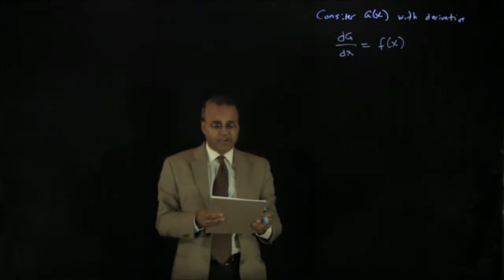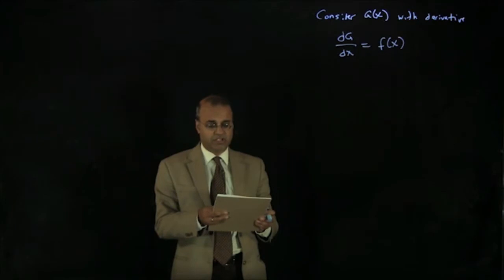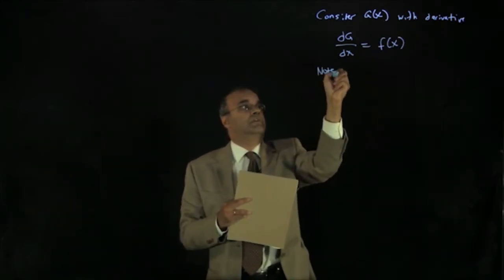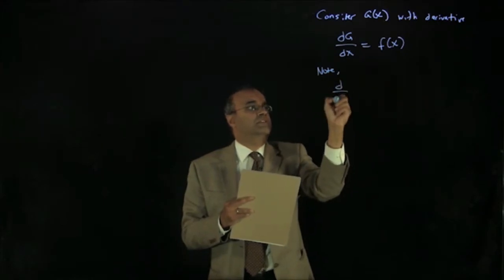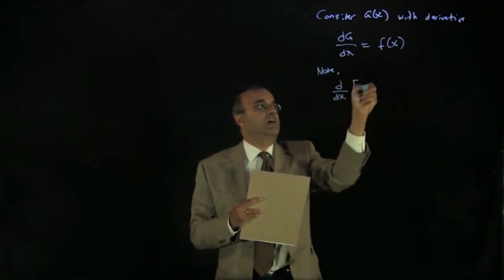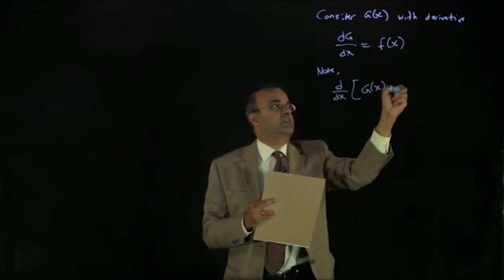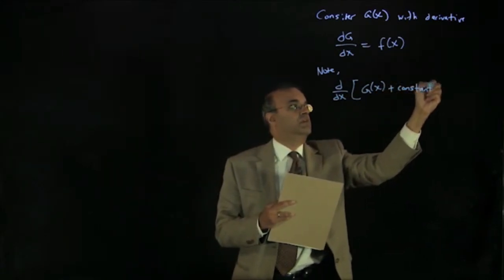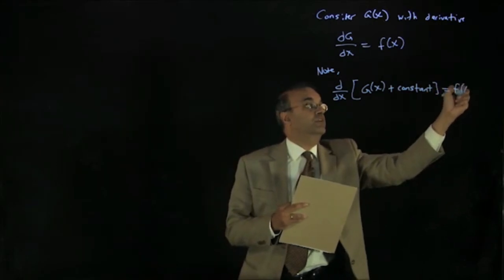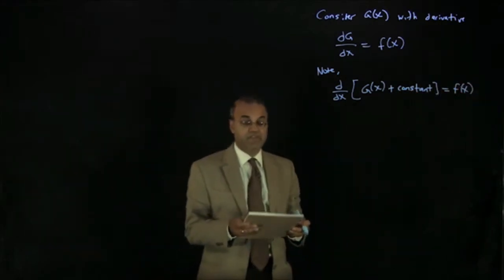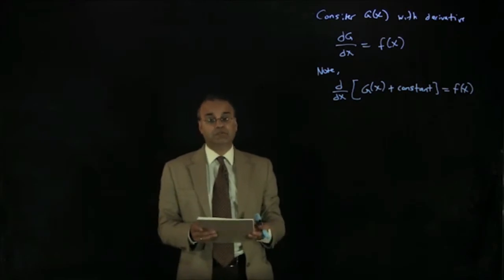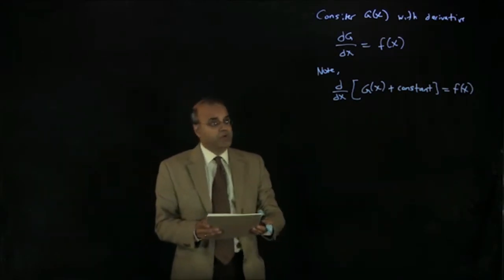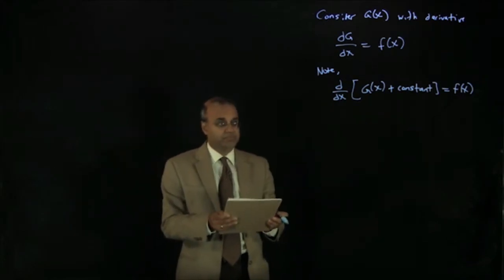Now, note that if I add a constant to g of x, I'll still get the same derivative. So note that the derivative with respect to x of g of x plus a constant is still equal to the same function f of x. And this is because the derivative of a constant is equal to 0. Now, suppose I want to invert this process.